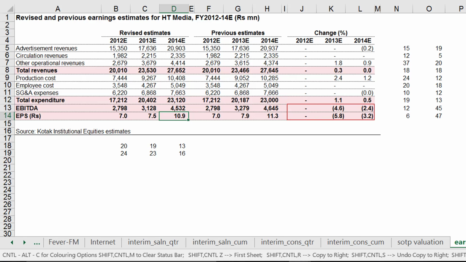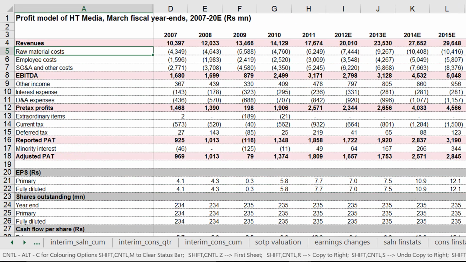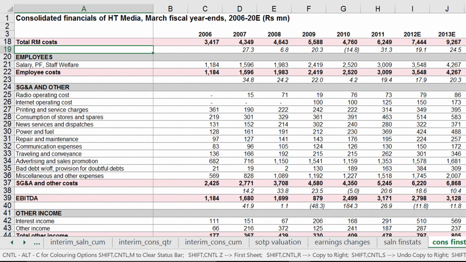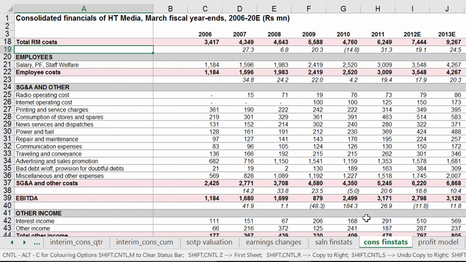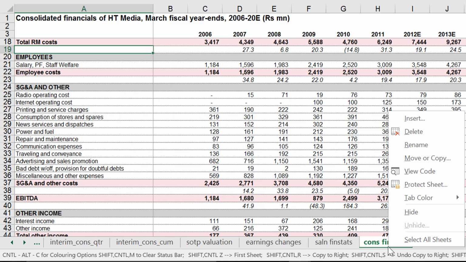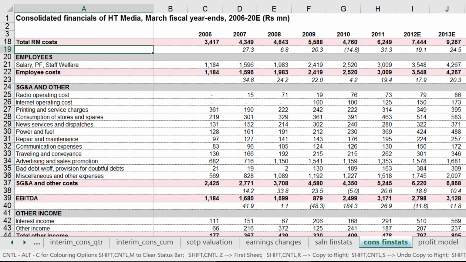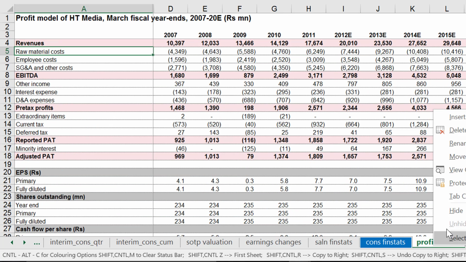And then somewhere here, they have consolidated financial statistics, and from going through this before, it took me a little while actually, but I realized that these are kind of the key sheets.